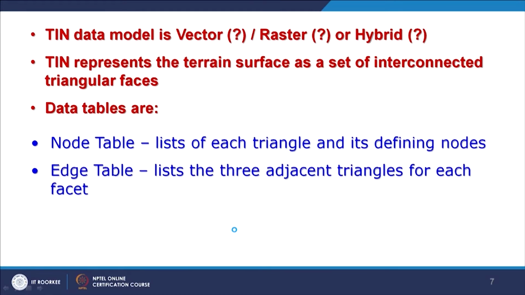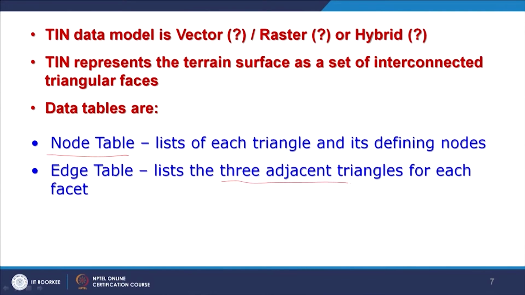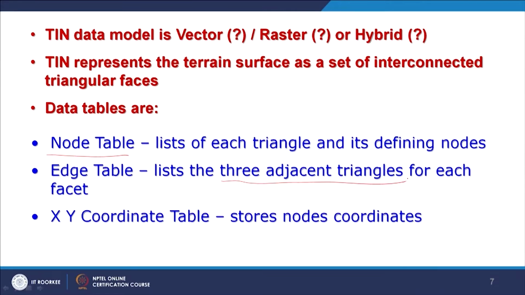First is the node table, and the node table will have a list of each triangle and its defining nodes. We will see examples also. Then the edge table, because each triangle will have edges, and that information has to be stored in the system: all three adjacent triangles for each facet. Then you have the mass points or XY coordinate table, which stores the node coordinates.